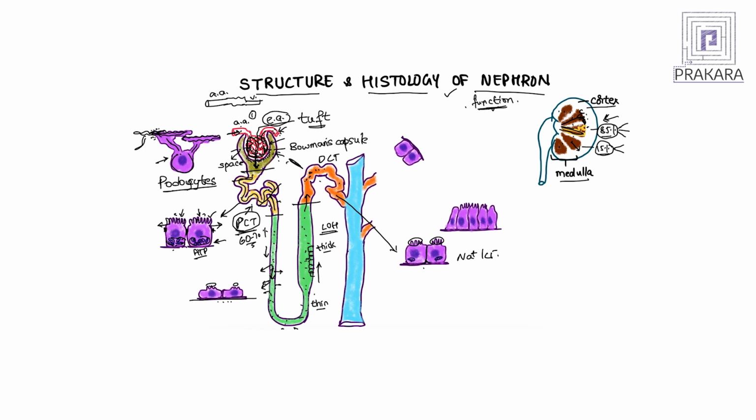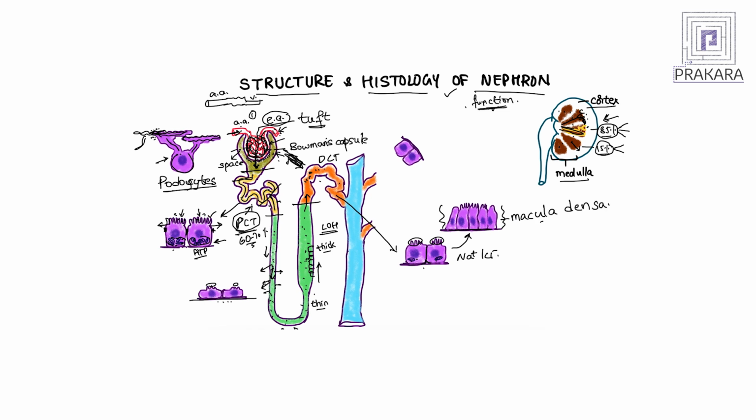When such close contact exists, the cells in the DCT get modified. The cuboidal cells get modified into low or tall columnar cells which are very closely packed. Such modification is called macula densa.